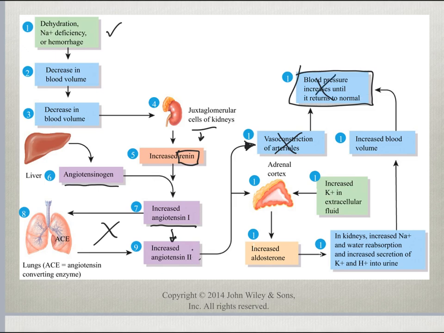Okay, so let's get rid of our clinical connection here and start looking at some other scenarios, other players here. So angiotensin 2 will also communicate right here with the adrenal cortex of our adrenal gland, which will stimulate an increase in aldosterone. And if you remember, aldosterone played a key role in sodium and potassium secretion and reabsorption.